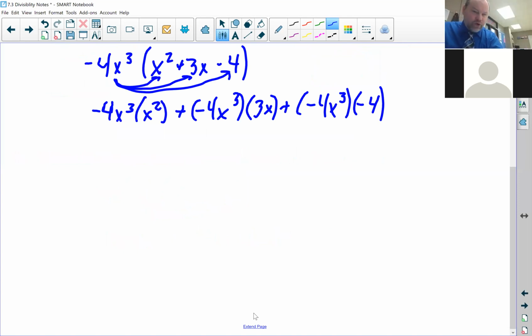And now it's just multiplying 3 pairs of monomials.